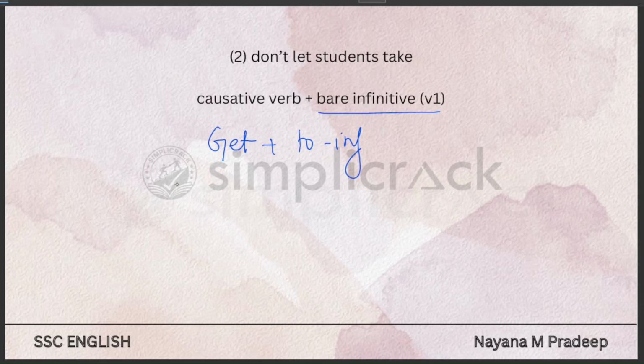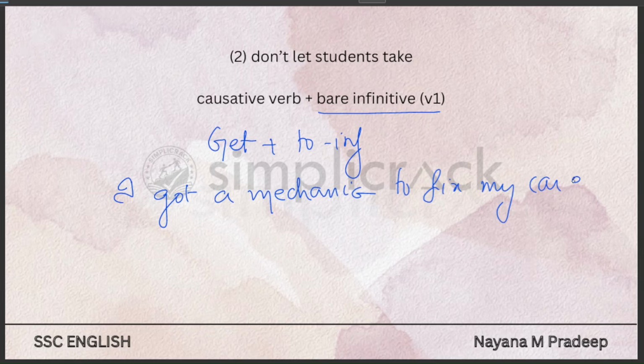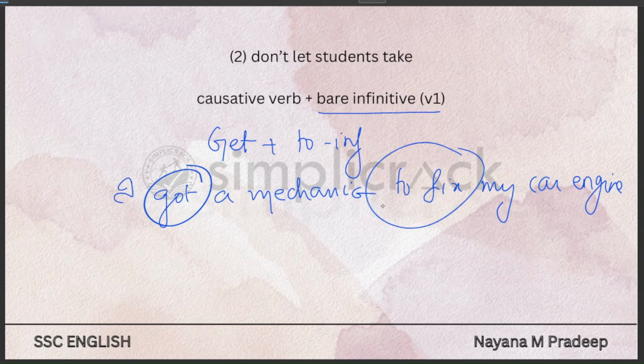For example, I got a mechanic to fix my car engine. So here you have used the causative verb got and the to plus V1, or the to infinitive structure.